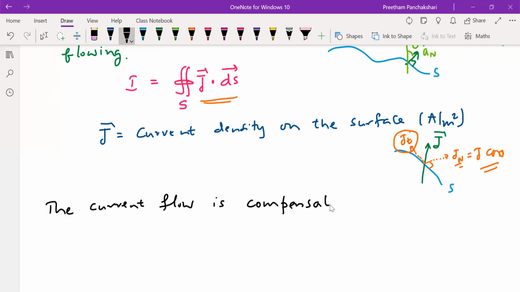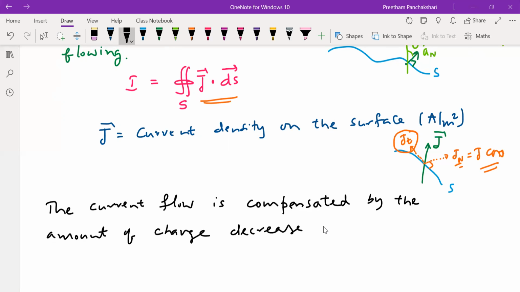The current flow is compensated by the amount of charge decrease within the surface.